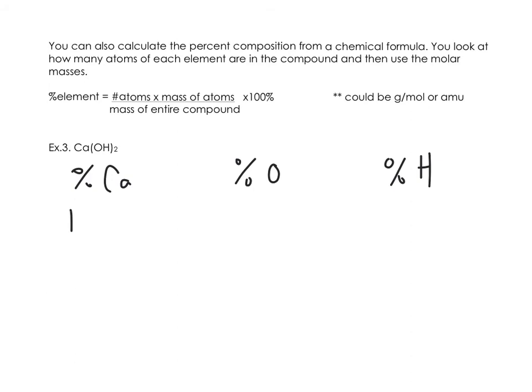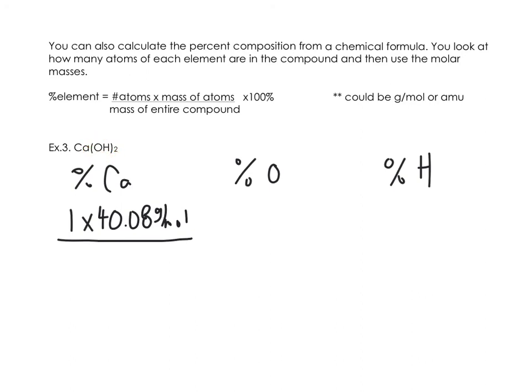So it's going to be 1 times the mass of an atom, or the mass of the element, is 40.08. I'm going to use molar mass, but you could use atomic mass units. And then you put this over the molar mass of the entire compound, or the atomic mass units for the entire compound. So oxygen. How many oxygens are there in calcium hydroxide?